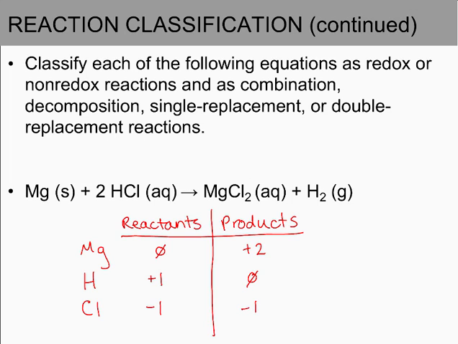All right, so chlorine's oxidation number did not change, but magnesium's oxidation number did change, and hydrogen's oxidation number changed. So magnesium is going from 0 to +2, so it's becoming less negative, which means that it lost electrons. And then hydrogen is going from +1 to 0, so it's becoming more negative.